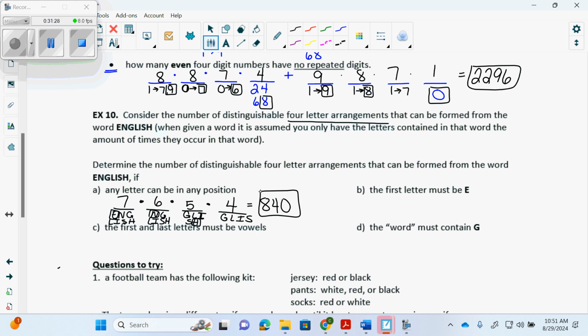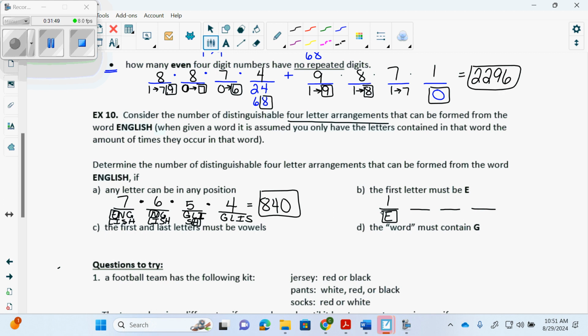All right. Let's do this one. The first letter must be E. So I have to deal with that first, right? All the restrictions have to be dealt with first. So I go here and I put an E. How many E's are there? 1. And what do I have to make sure I do? Box and hold it. So it's not allowed to be used in anything else. Do you agree?